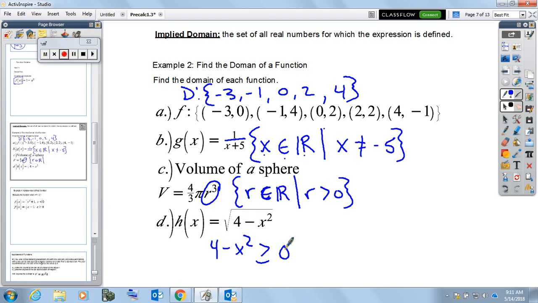So if I went ahead and added x squared on both sides, I have 4 is less than or equal to x squared. And then last but not least, taking the root on both sides, you're going to end up seeing that we have x is less than or equal to positive or negative 2. Okay? But let's think about this here for a sec.